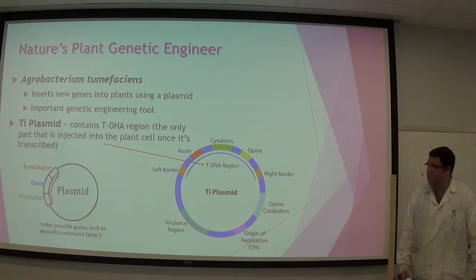If you recall what a whole gene looks like, you'll have a promoter, where the RNA polymerase gets attached to the DNA itself. Then you've got the gene, which is what's transcribed and later translated after it's been modified. And then you've got the terminator, which is where the RNA polymerase falls off.